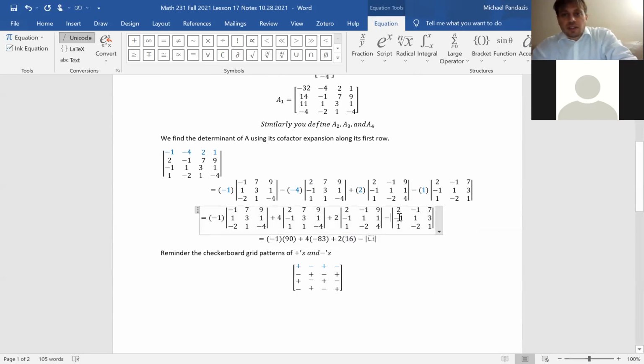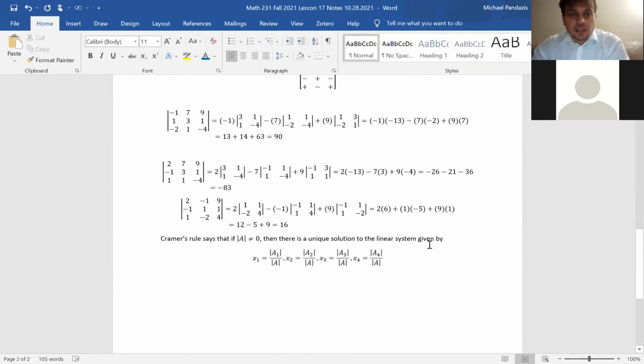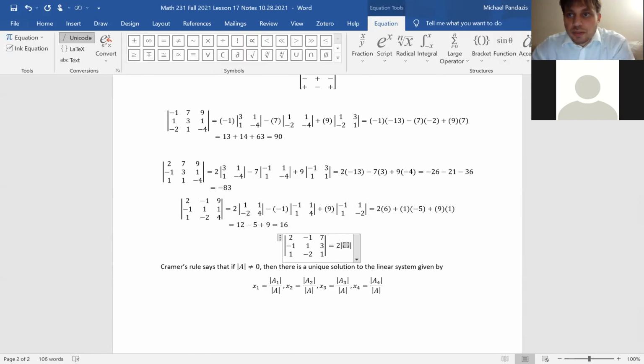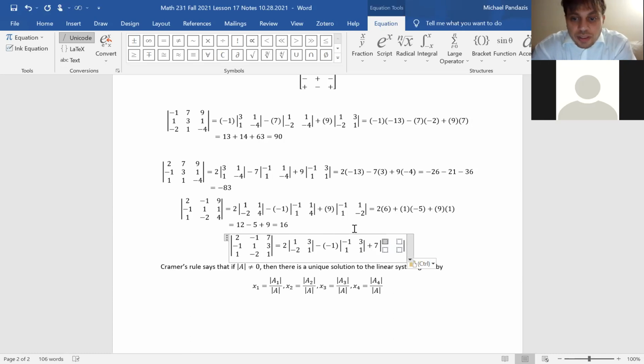Okay, and then the last one is the determinant of this guy. And so the determinant of this guy is equal to, again, using cofactor expansion on the first row, 2 times 1, 3, -2, 1, minus -1 times the determinant of -1, 3, 1, 1, plus 7 times the determinant of negative 1, 1, 1, negative 2.